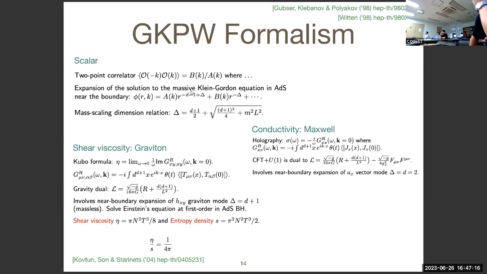At the moment I'm not deriving any of this, I'm just telling you the prescription. All you do is put a Klein-Gordon field and solve the massive Klein-Gordon equation in AdS space. So box plus m squared phi is equal to 0, where that box is the box for AdS, not the box for flat space. You solve it in some coordinates, and the important thing is its behavior in the radial coordinate of AdS.